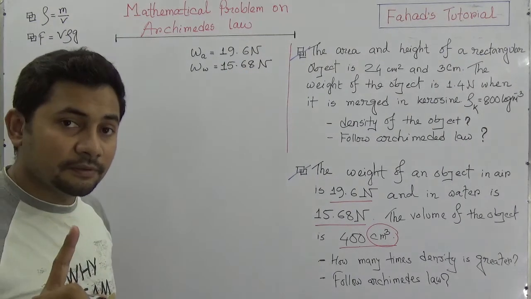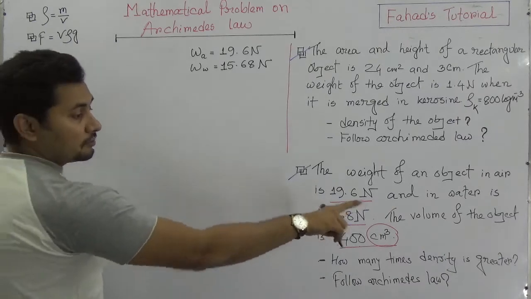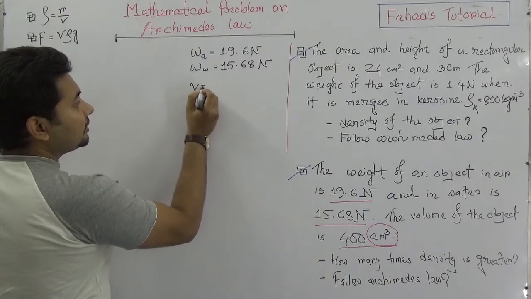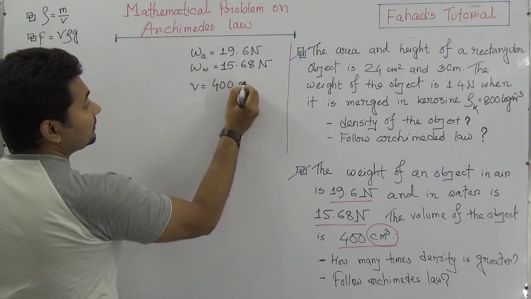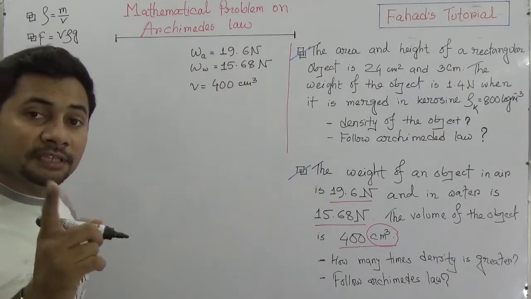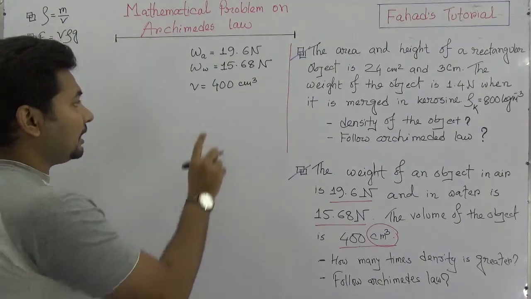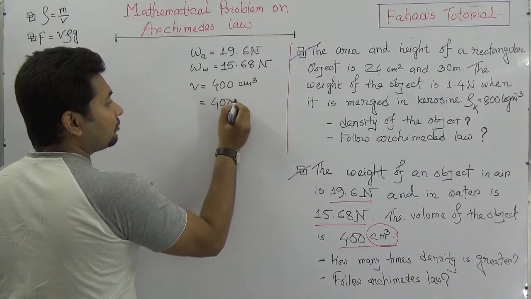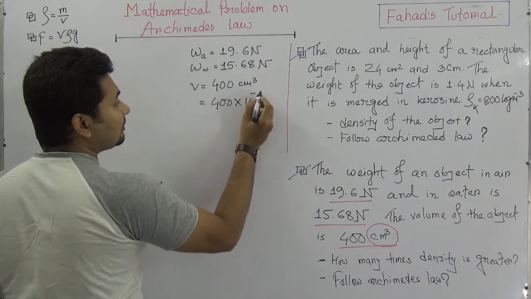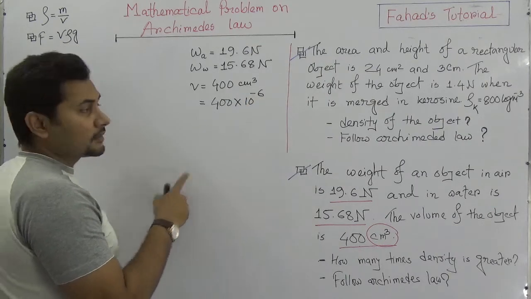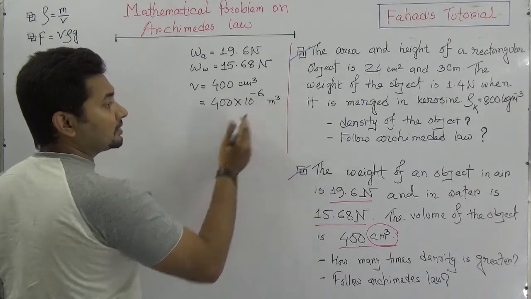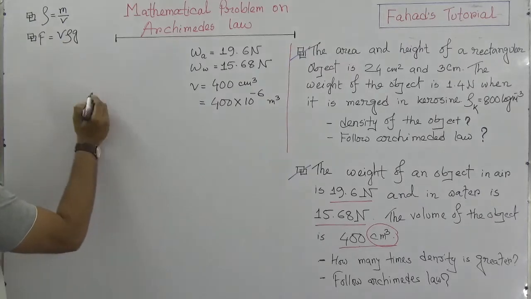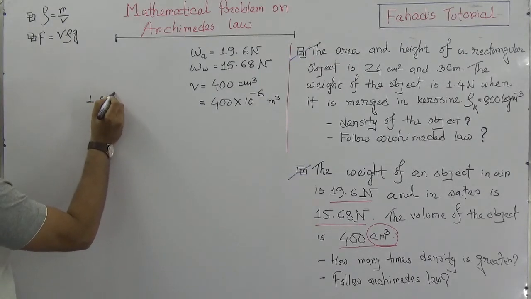So two weights are given, and of course the volume is also given, 400 cm cube. Now we need to convert it into meter cube. How? We need to do 400 times 10 to the power minus 6, and then it will be in meter cube. How? You see here, suppose 1 cm cube.